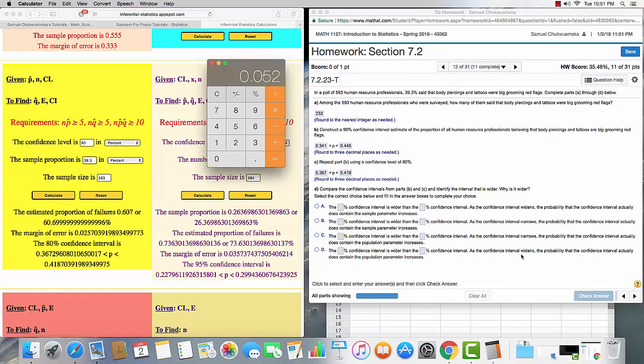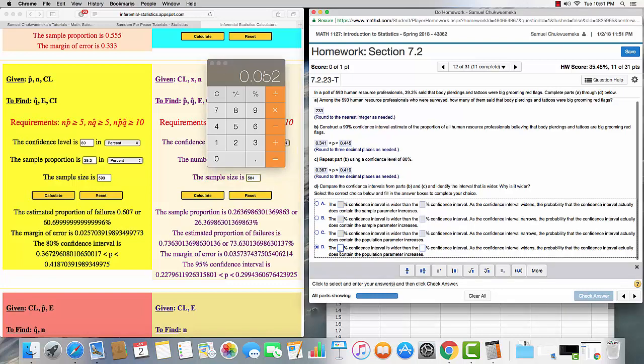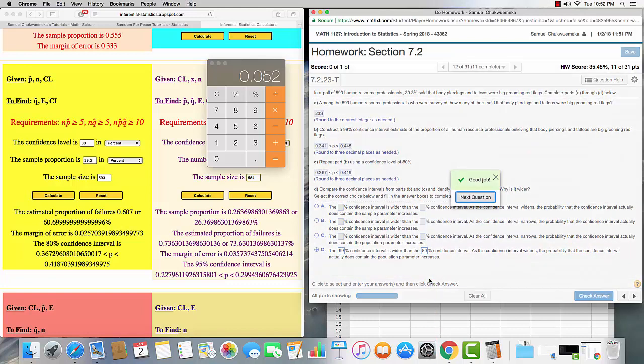It is as the confidence interval widens, then the probability that the confidence interval actually does contain the population parameter increases. So this would be the right choice. So the 99% confidence level is wider than the 80% confidence level. Okay, enter. Bam.